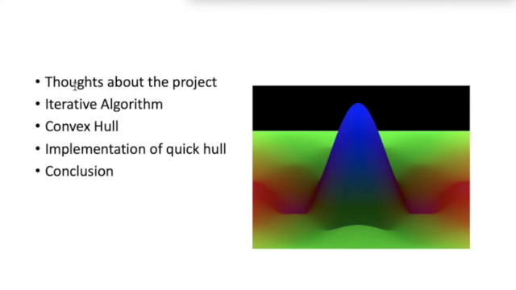I will check each iteration, how it progresses in the function, and then I will talk about the Canvas hub and its implementation. In the implementation I use a create hub function to organize the data into a Canvas hub. Finally, I will reach a conclusion.